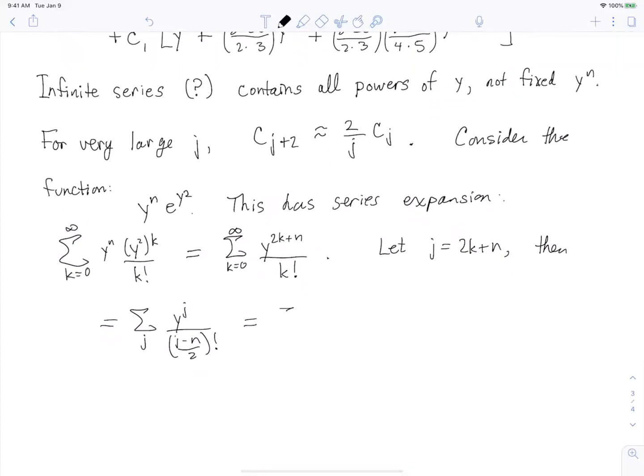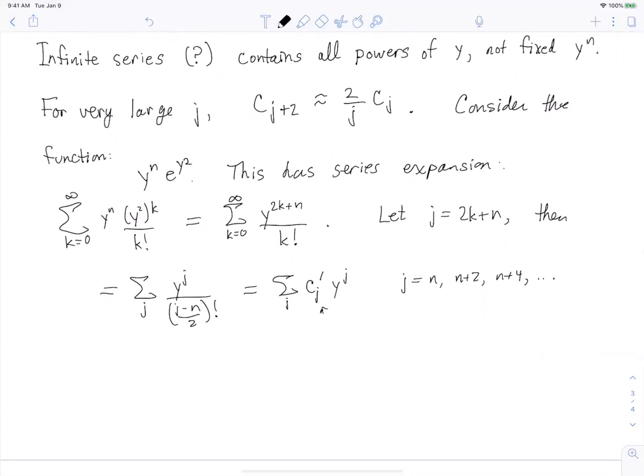Okay, and so this is sum over j of c j prime y to the j for j equals n, n plus 2, n plus 4, etc. Those are the allowed values of j, where this c j prime is 1 over j minus n over 2 factorial.